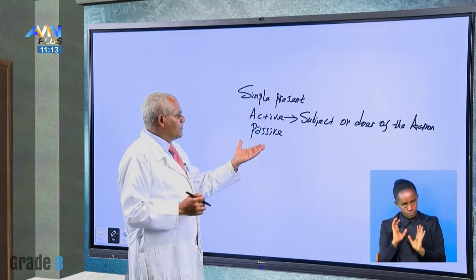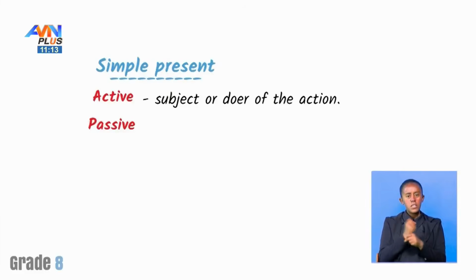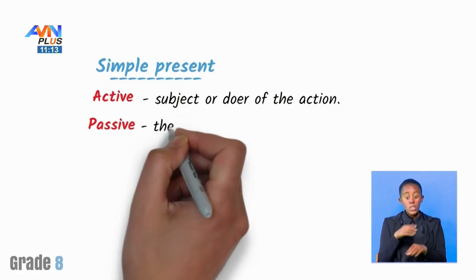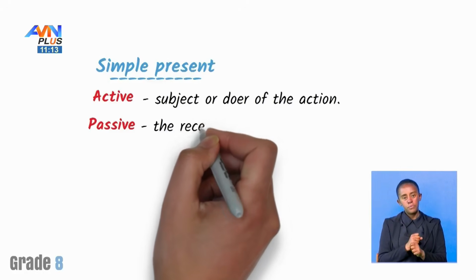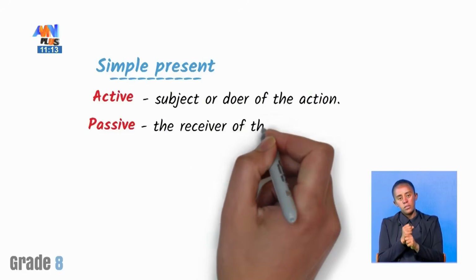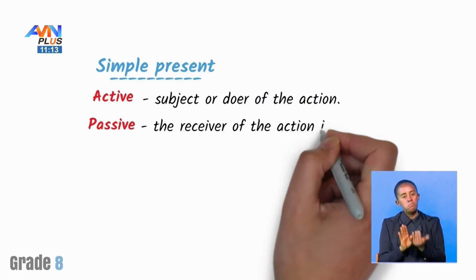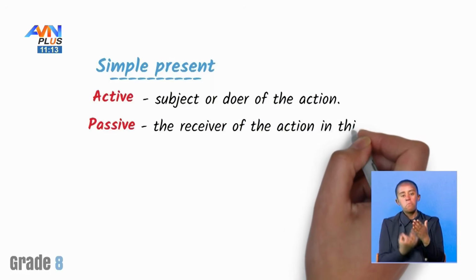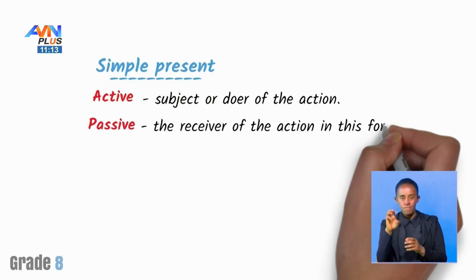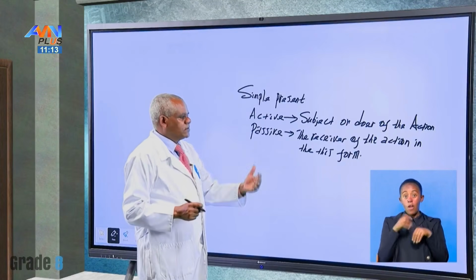But if you want to talk about the one who receives the action, the receiver of the action, we give more emphasis in this form. Which form? In the passive form. We give more emphasis to the receiver of the action.